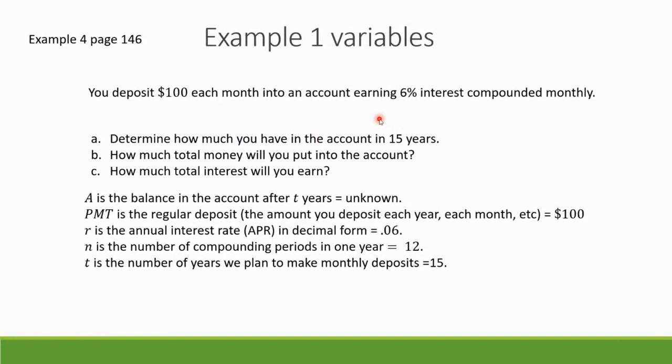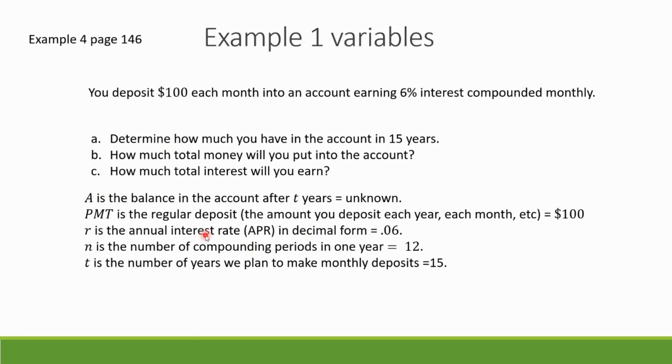So now we're going to use this formula, and I'm putting in the notation here, the variables. Again, A is what we're looking for. We want to know how much we're going to have in this account 15 years later. So this is the balance after T years, and that's what we want to calculate. Our regular deposit is $100 per month, so PMT is $100.